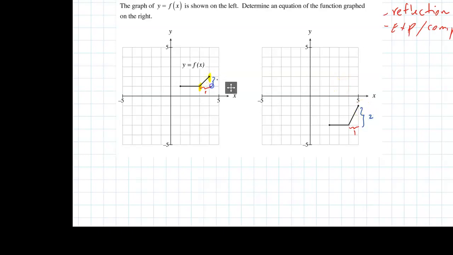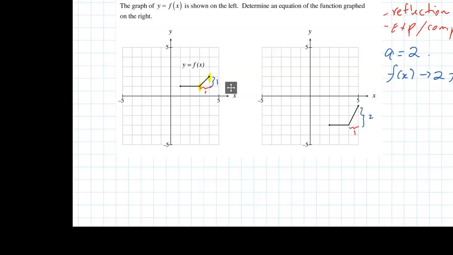So that tells me that a must be 2. Simple as that. For the same value of x, you get double the value of y, therefore a has to be 2. Great. So f of x becomes 2 times f of x.